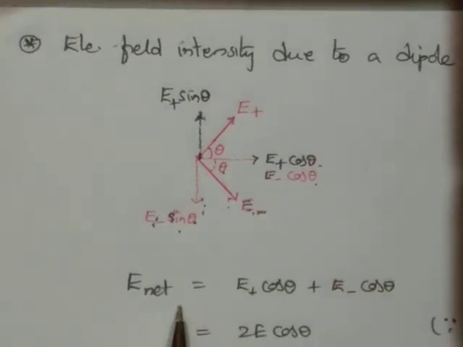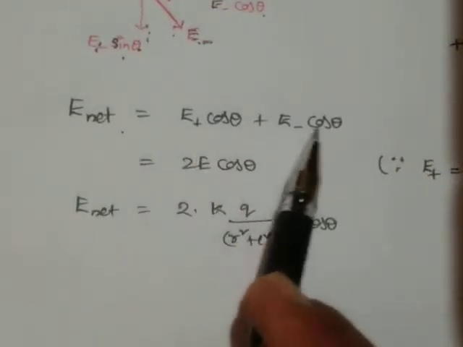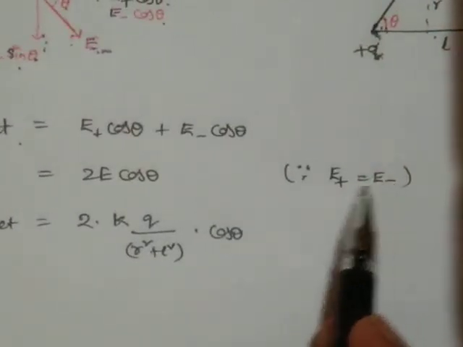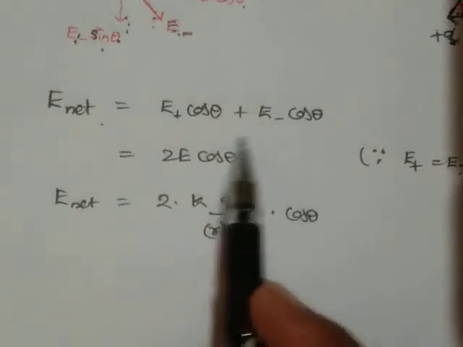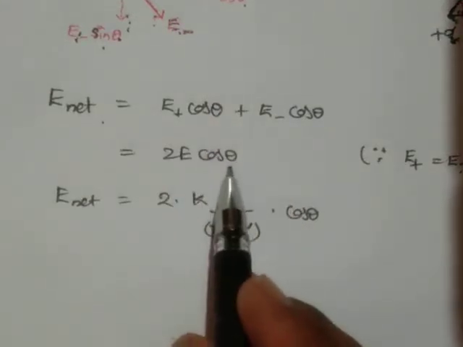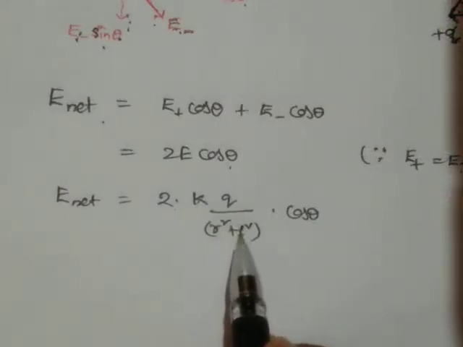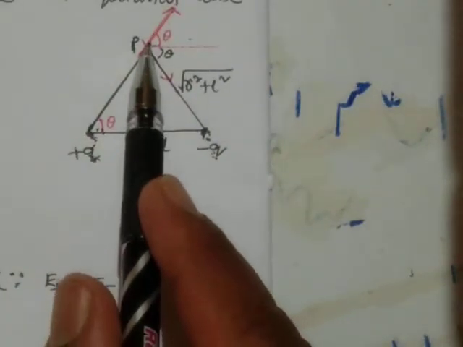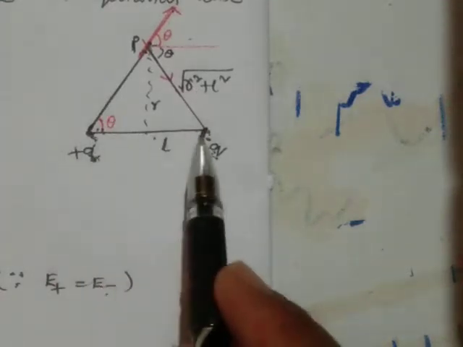So E net can be written as E plus cos theta plus E minus cos theta, and we know that the magnitudes of E plus and E minus are both the same, so I can simply add these two, algebraic sum. So 2E cos theta, so E net is equal to 2 into K into Q by r square, I can say. Here the point P is at a distance of root over R square plus L square from each charge.